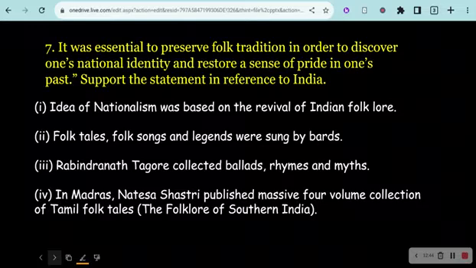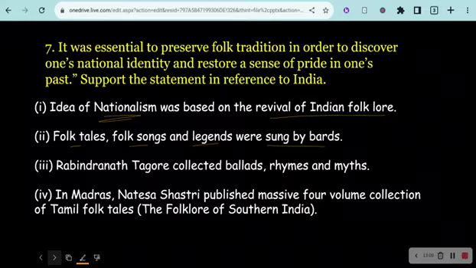Okay. So, when we say nationalism, this term nationalism was based on the revival of Indian folklore. Okay, folklore as in the stories and all. Based on that, we get the feeling of patriotism, right? Nationalism. Folk tales, folk songs, legends are all sung by the bards, means the people who have the habit of singing those and all.